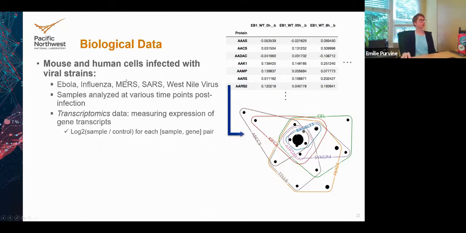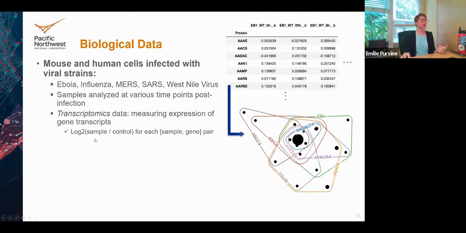So what we had was data called transcriptomics data, which is measuring the expression of genes within a cell in a particular sample. So you treat a sample, or you give a sample a virus, and then you pull it at different time points, and you analyze what is the gene expression at each one of these time points. And you compare that to a control, so an uninfected version of that same cell line.